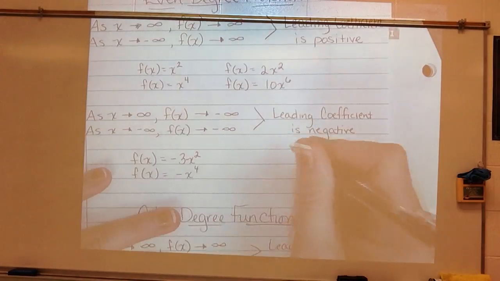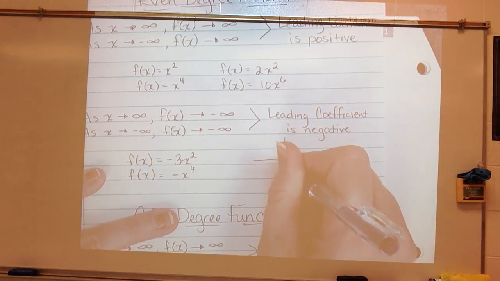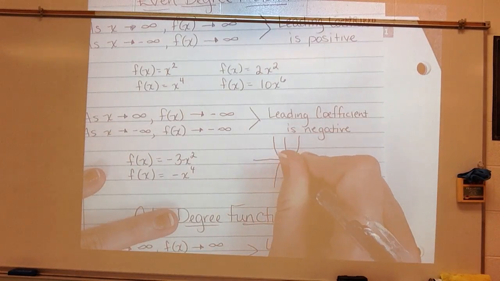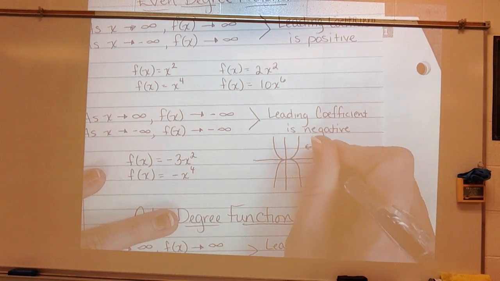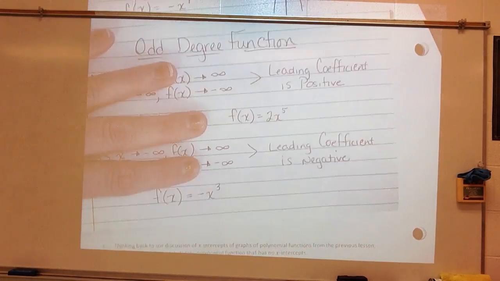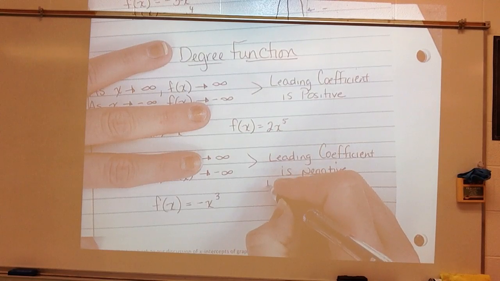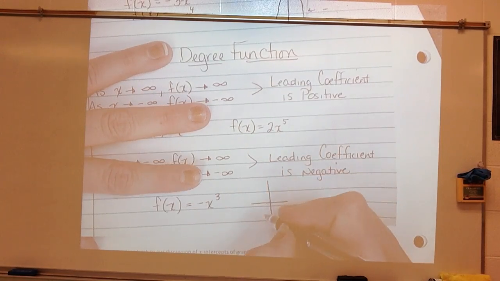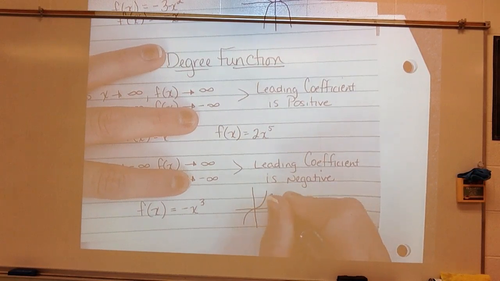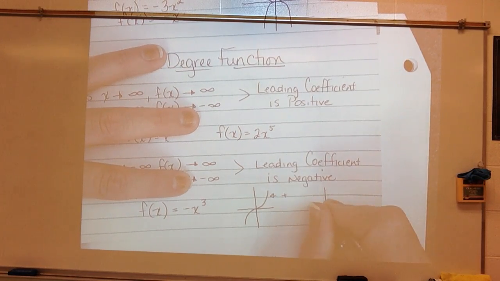If you remember, our first graphs looked like this. They were like this. This was our even degree function. Or we had functions that looked like this. Our odd degree functions look like this.